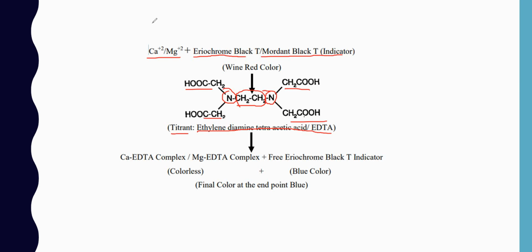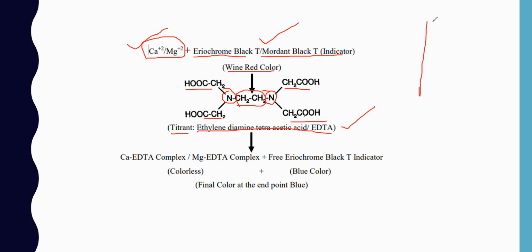This is the titrant here. These are the metal ions which we are going to detect, and this is the indicator that we are going to use. What is the color of the indicator? It is wine red color. Normally the indicator is present in a wine red color. Now what we have done is mixed this indicator with our solution of metal ions, and drop by drop we have added ethylene diamine tetraacetic acid, EDTA, into this solution.